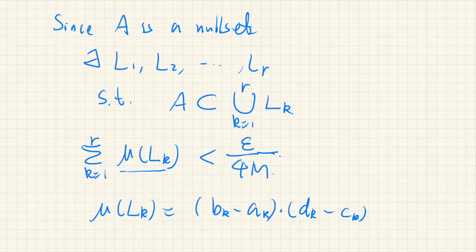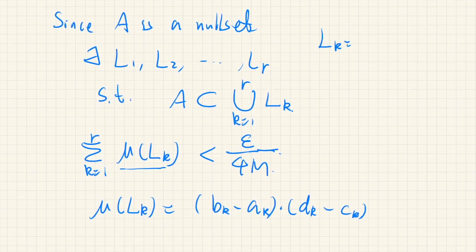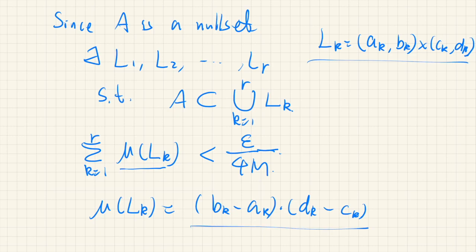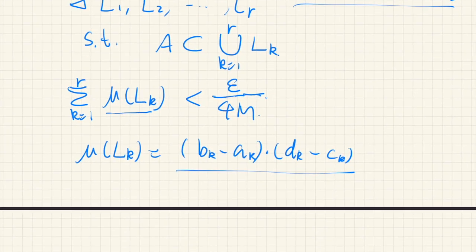So each L_k is an open rectangle, defined by the open intervals (a_k, b_k) times (c_k, d_k). So from this, we know that the area is given by this. And step 2.